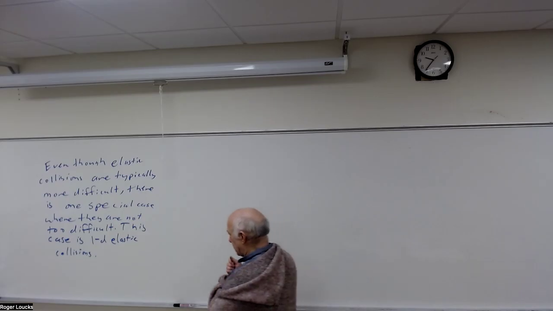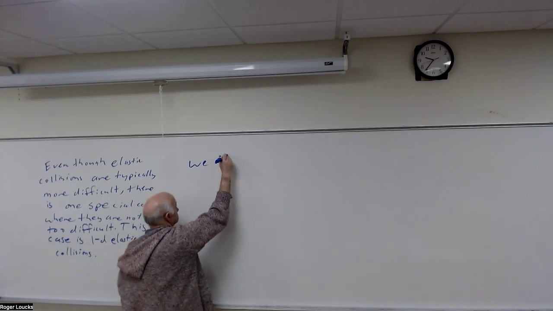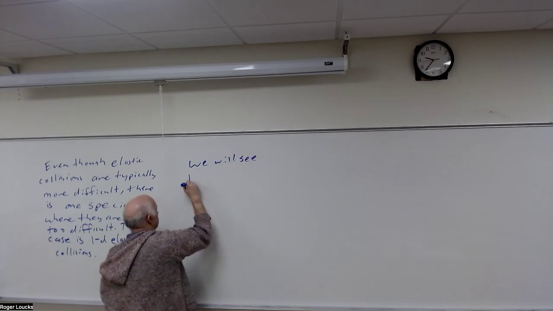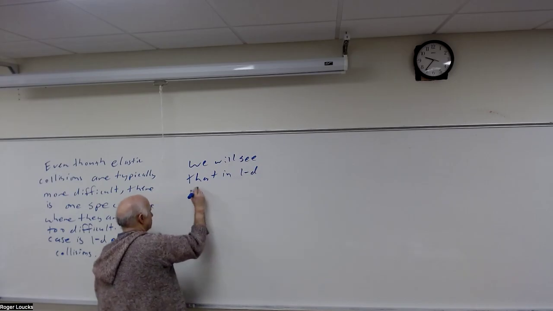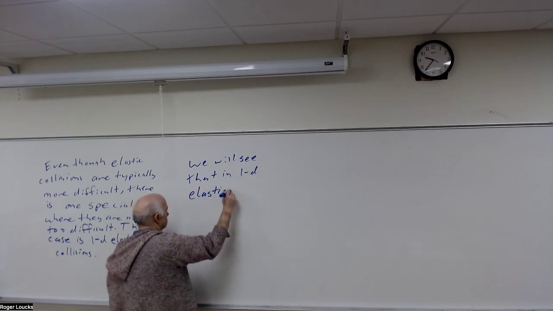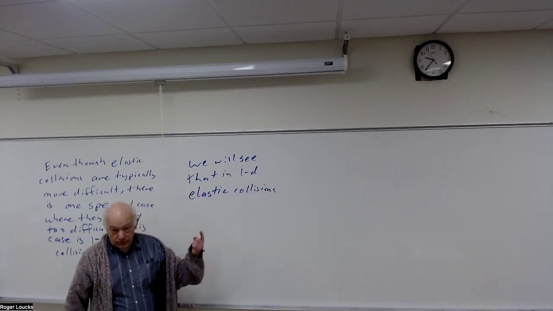Okay, so let's go and see what we have here. We will see that in 1D elastic collisions, I'm giving you the result here, then I'm going to prove it.